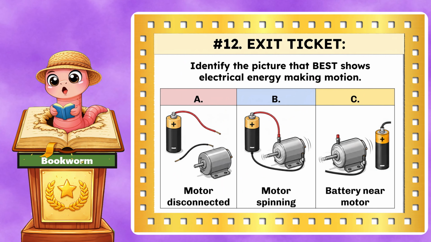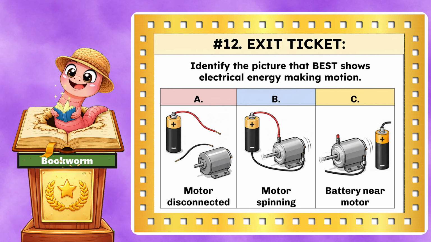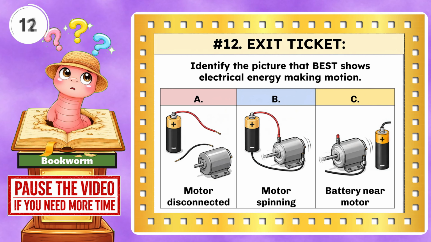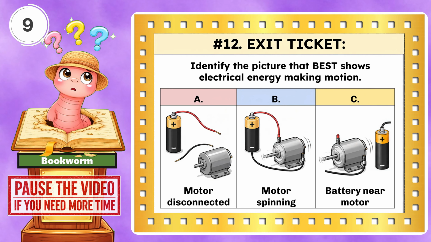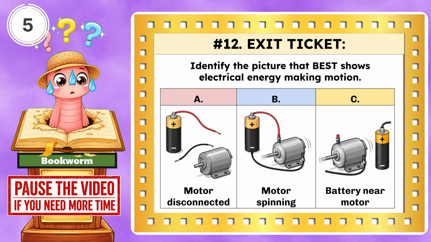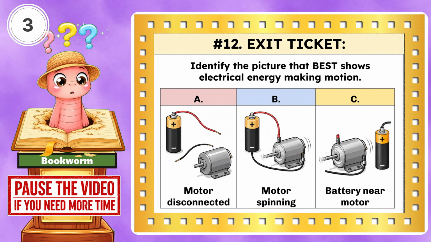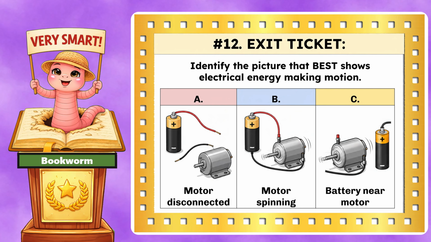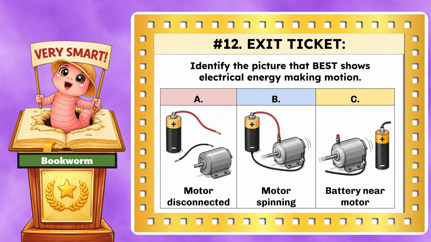Identify the picture that best shows electrical energy making motion. And the correct answer is letter B, motor spinning.